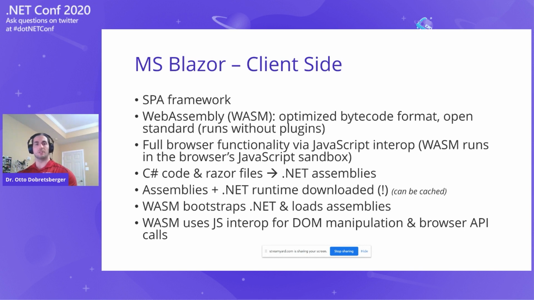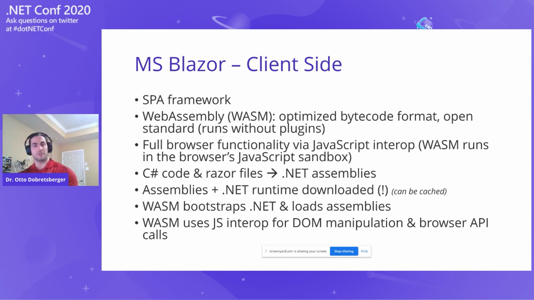WebAssembly is shortened to WASM, and that's what I'm going to use in my presentation. It's an optimized bytecode format, and when I say optimized, I mean optimized in both size and execution. So when your code is compiled into WebAssembly code, it is already very optimized and runs as fast as it possibly can.